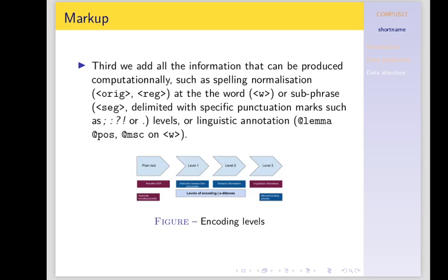Then a third level, which is produced automatically, and it's where we inject all the data from the tools that we have created, which is spelling normalization and also lemmatization, part of speech, morphology, etc. Our idea is that these three steps follow the steps of the philologist.